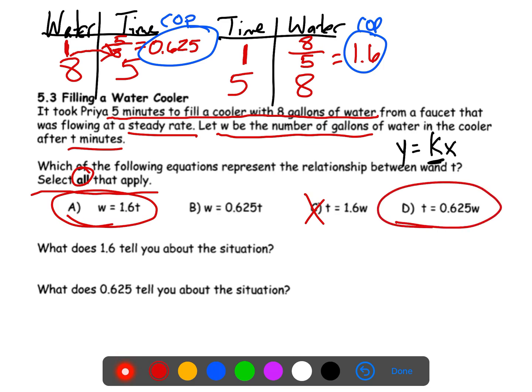It's right here. And that's going to equal the time it would take for all that water to leave the faucet and enter the cooler. So again, 1.6 is the amount of water per minute. Every minute, how much water comes out. 0.625 is how much time it takes for 1 gallon of water to leave the faucet.